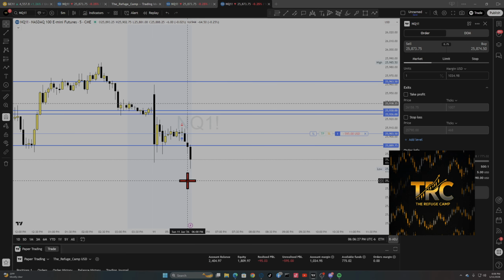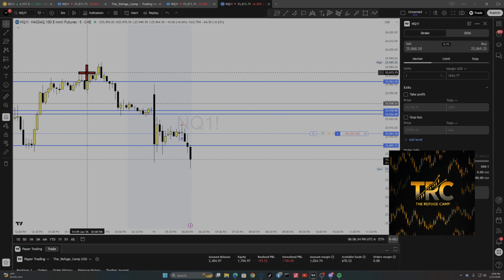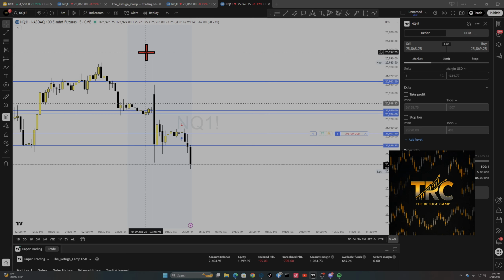The typical behaviors are setting either lower lows and lower highs, or higher highs and higher lows. Price action also, when it trades in a range and creates equal highs and equal lows, is considered consolidation.